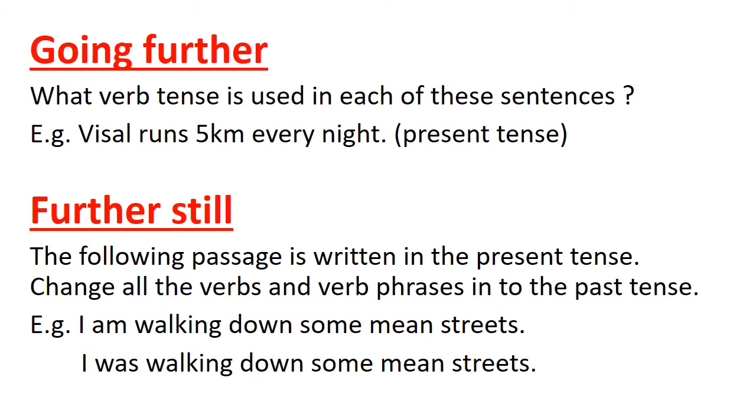Am is present tense. What is the past tense of am? Yes, was. Then you can tell I was walking down some mean streets. In this way, you can change the whole passage into past tense. Don't forget to underline the past tense verbs that you are using.